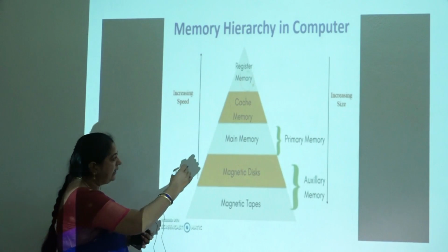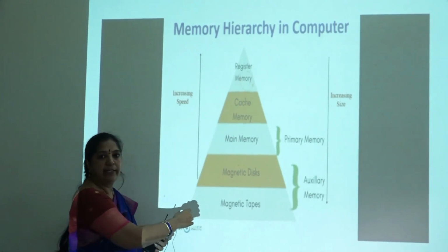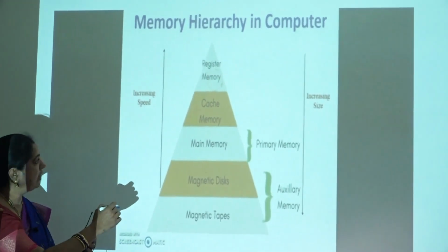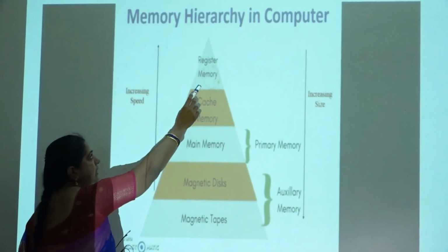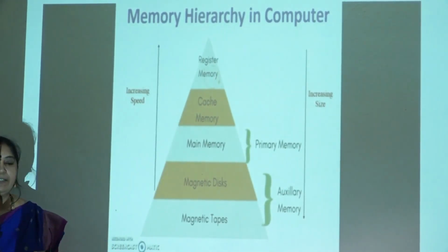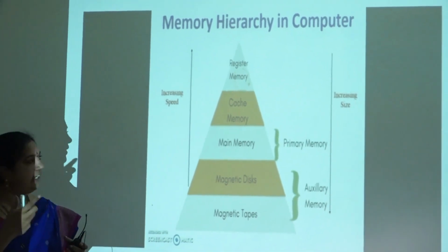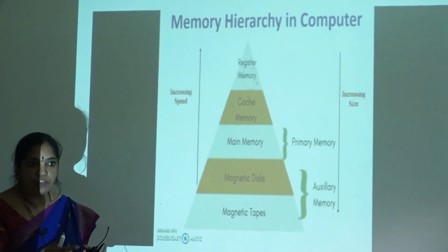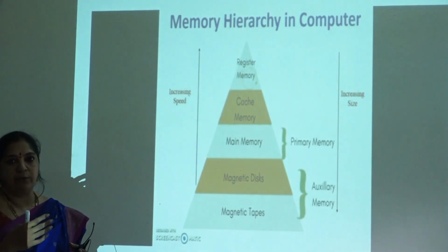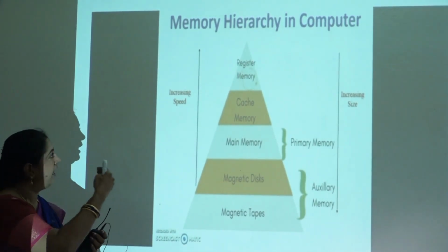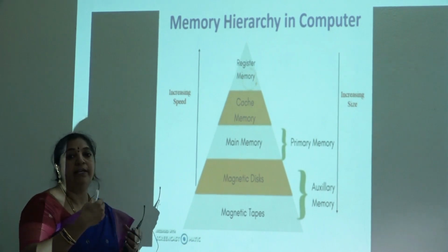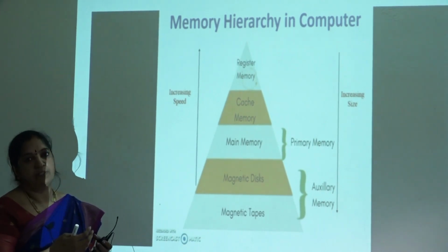So coming to the hierarchy, here we can represent the hierarchy of the various memories we have. First comes register memory. The register set which we use in the processor is already there, such as the accumulator. They have very fast execution or reach to the processor.